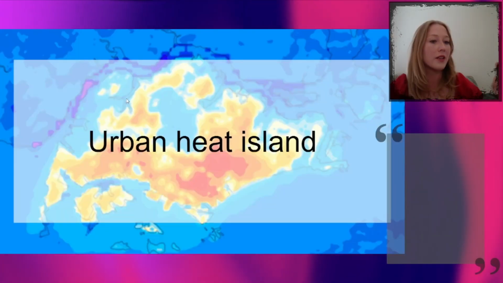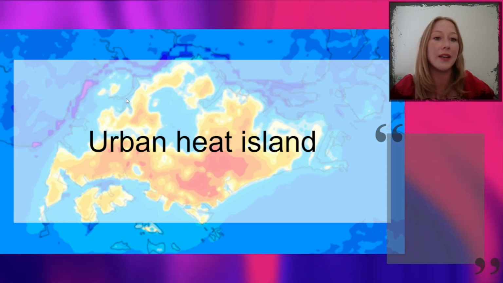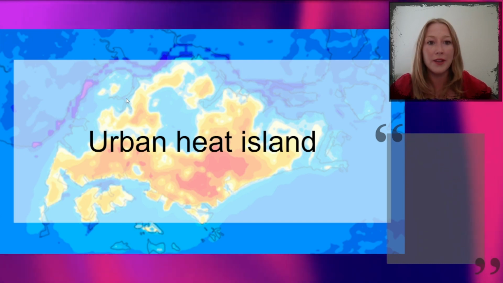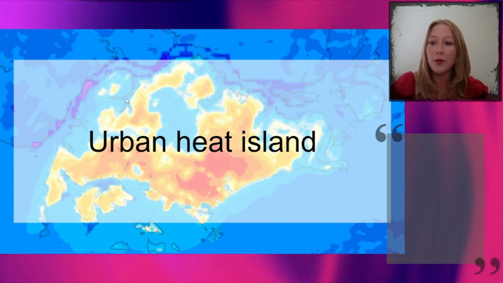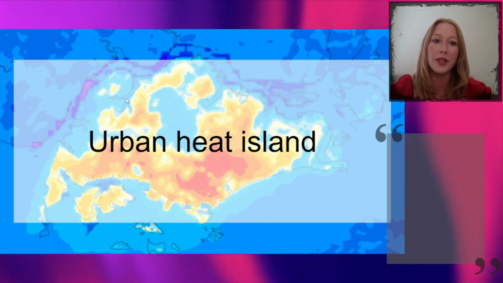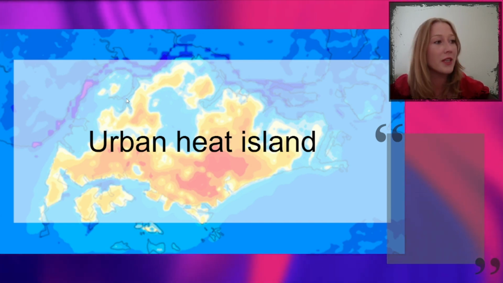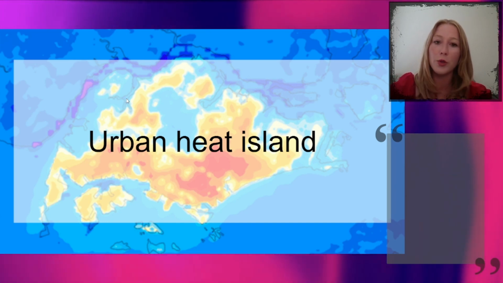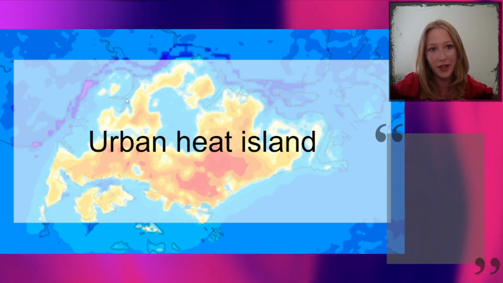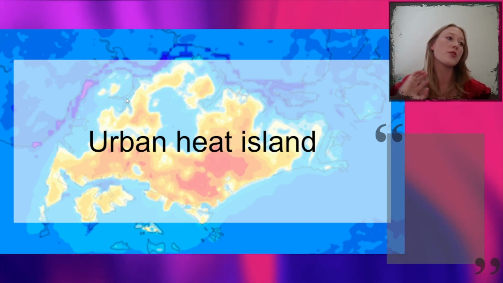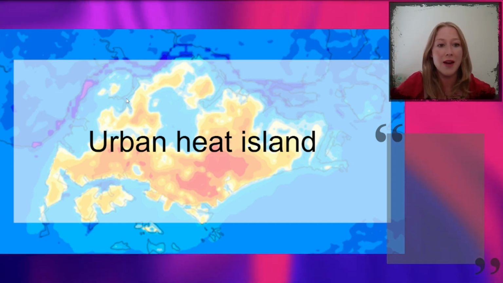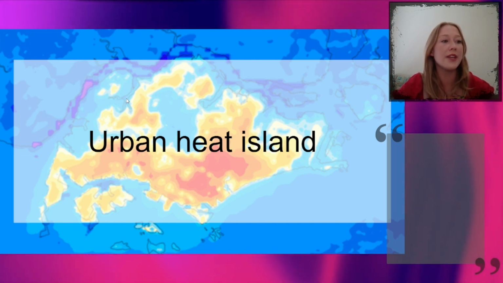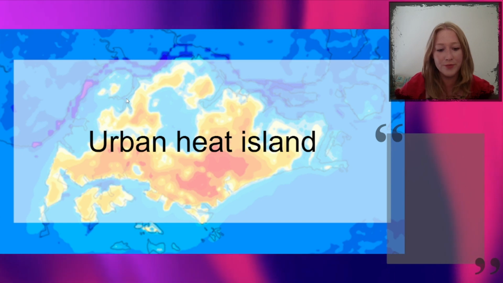In essence, the urban heat island is how a developed area like an urban area can have an impact on its immediate surrounding climate, primarily looking at the heat, how it influences the temperature of that area. Now, it's considered a microclimate because it happens over a small scale. It ranges over the area of that city.